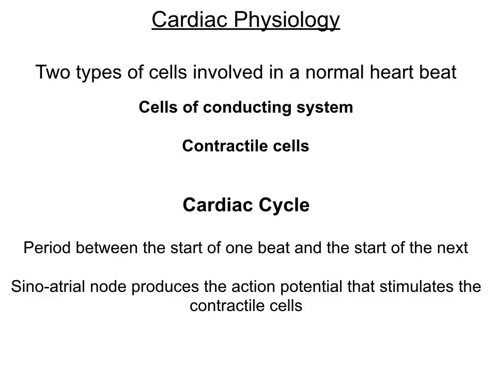So this action potential has the ability to pass through the entire myocardium of the heart and stimulate the contraction of your contractile cells. Now, what we're going to do to wrap up this module is we're going to talk about the conducting system. So we're going to talk about these specialized cells that form it.